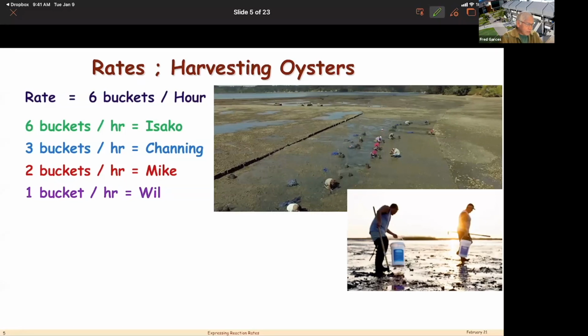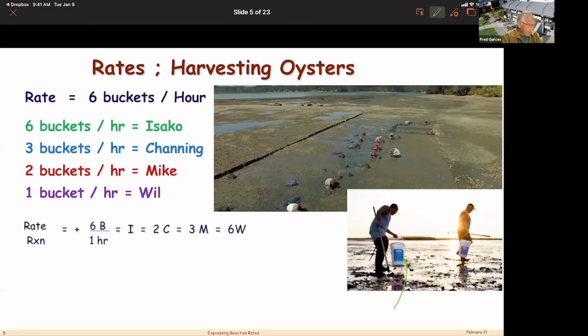Okay, so what you see here are the rates by which someone is collecting oysters, based on these buckets that you see right here, and the individual speed of each of the workers in this group. And so what I want to show you is how you normalize the rate so that what you have is a correlation or maybe an equation that relates everyone to each other.